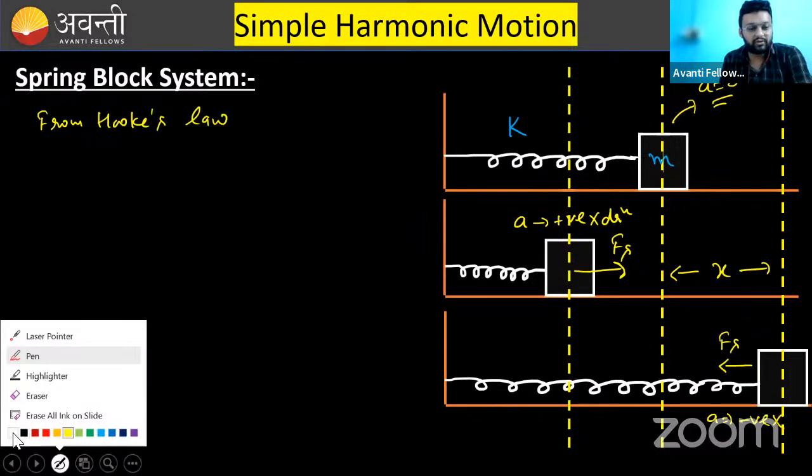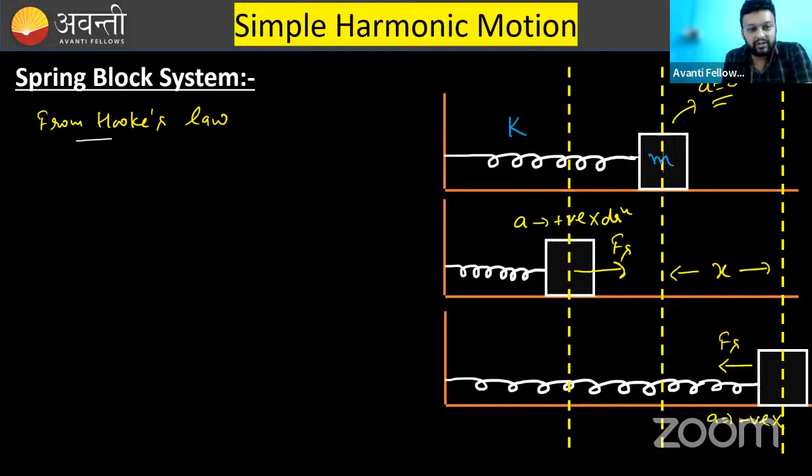Do you remember what Hooke's law is, that we have studied in the work, energy and power chapter? That spring force is equal to negative of kx. Hooke's law: spring force is equal to minus kx. Do you remember this? I think so.